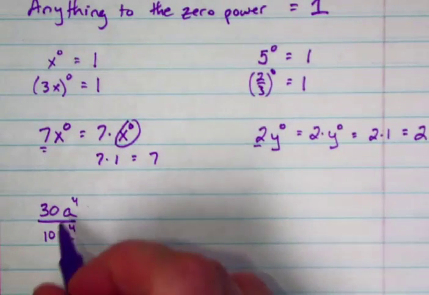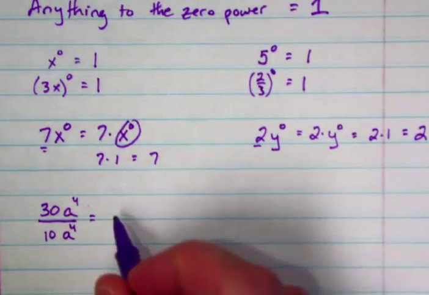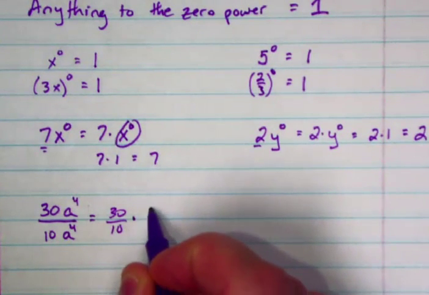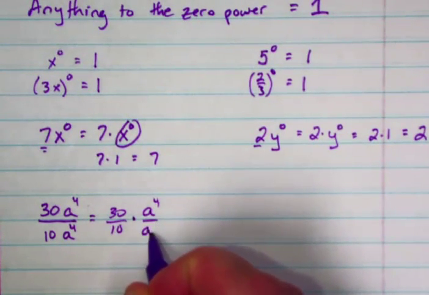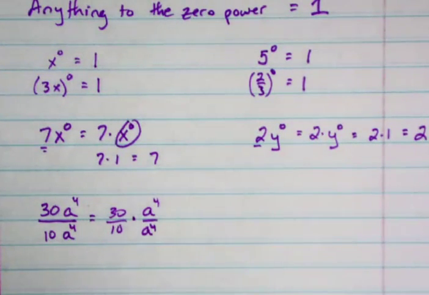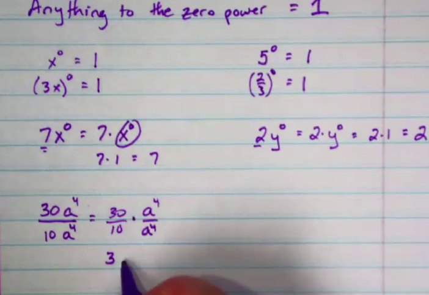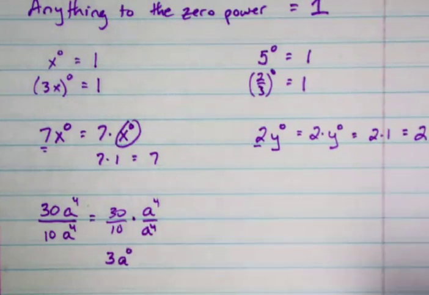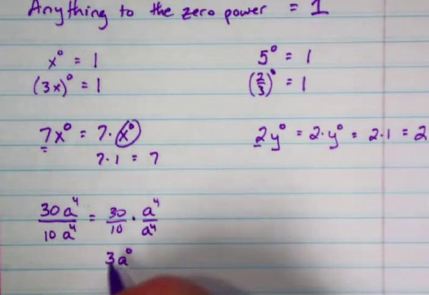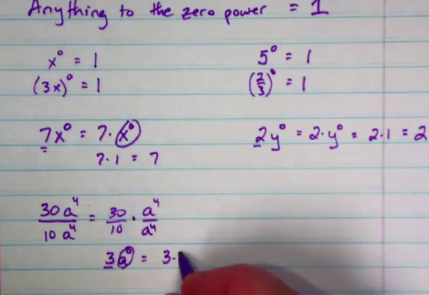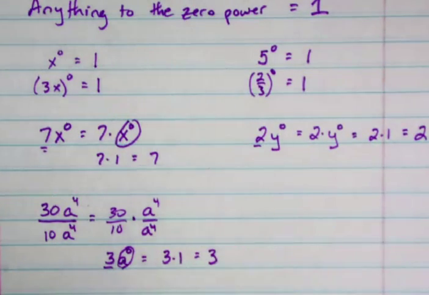Knowing that the 30 and the 10 are both coefficients, we're really looking at 30 divided by 10 times a to the 4th divided by a to the 4th. 30 divided by 10 is 3. A to the 4th divided by a to the 4th is a to the 0. 3 is a coefficient. A to the 0 becomes the number 1, so this is equal to 3 times 1, or just 3.